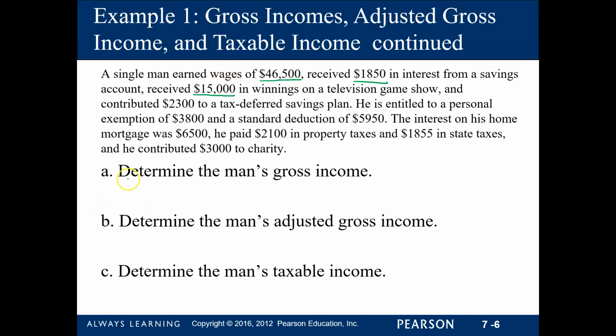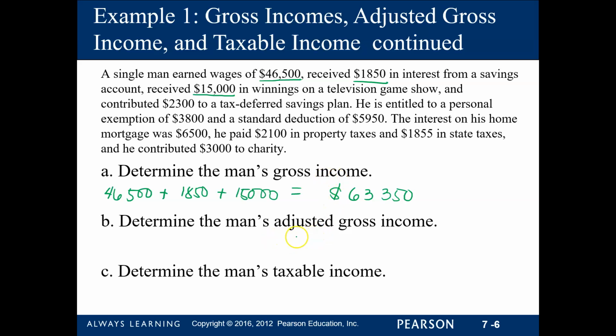So to determine the gross income, we add all three amounts: 46,500 plus 1,850 plus 15,000. The total of this amount is going to be $63,350. So that is the gross income.